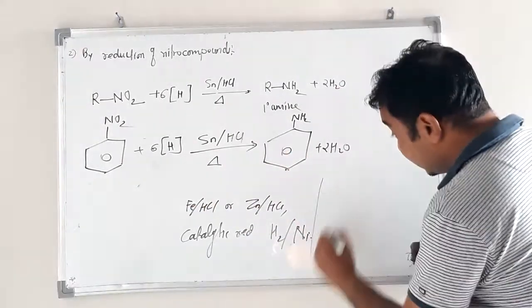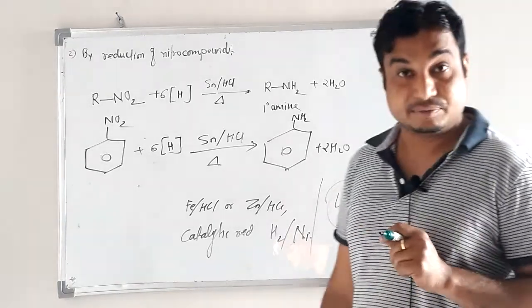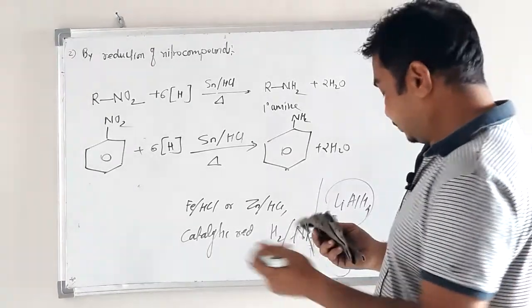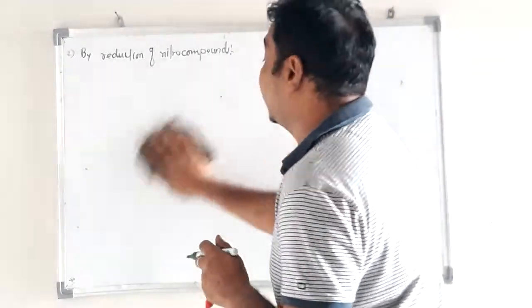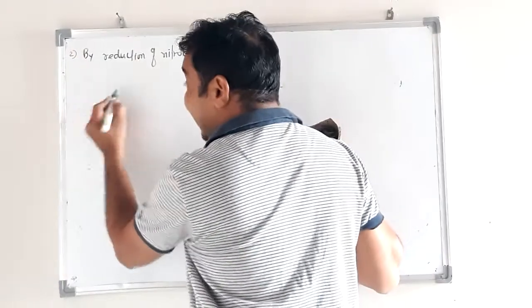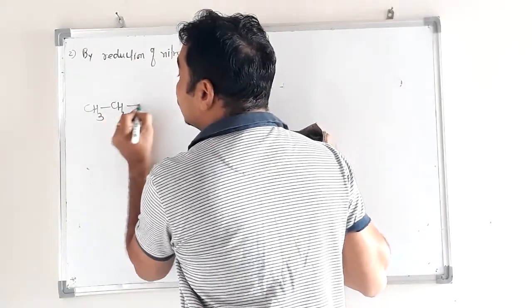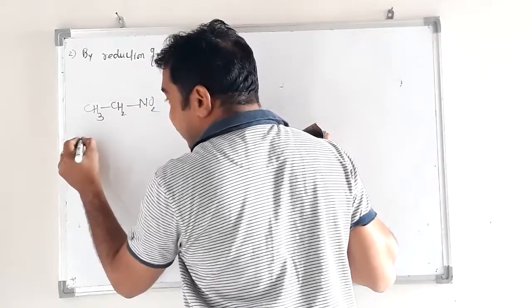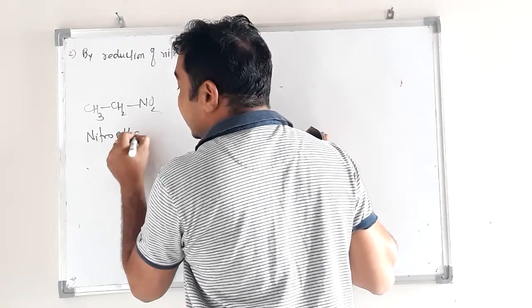Again one reagent, lithium aluminum hydride, is also used in this reaction. So for example, we have to treat this nitroalkane, for example CH3CH2NO2, nitroethane.